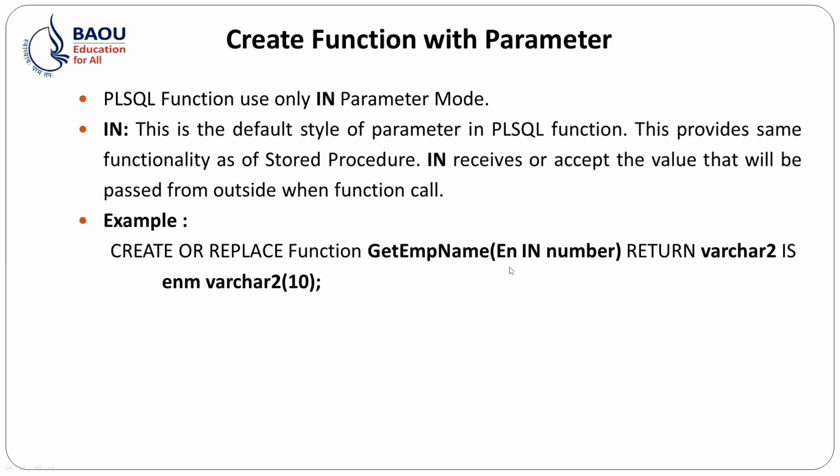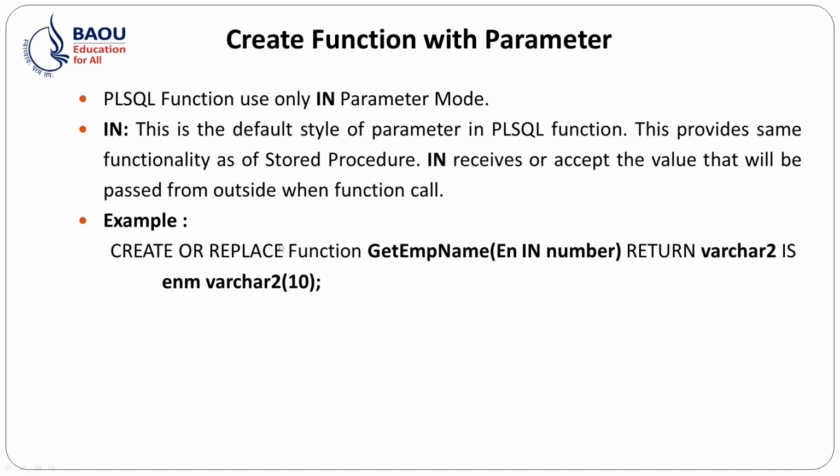In the bracket, employee number, here we pass the employee number, and this function returns the name of the employee. So name is a varchar2 data type. So RETURN, then the data type of name. This function returns the answer in a varchar2, that's why we define RETURN VARCHAR2. This is the header statement.